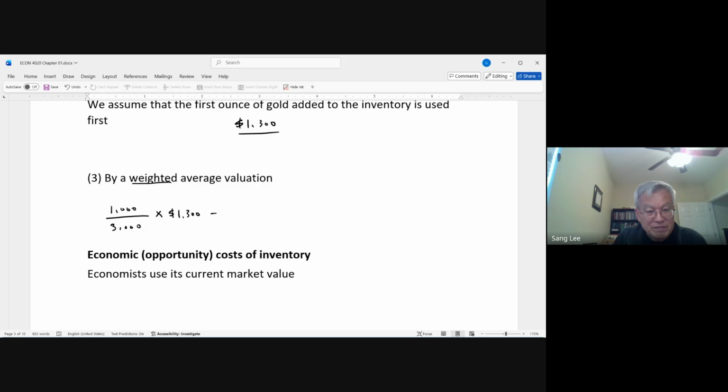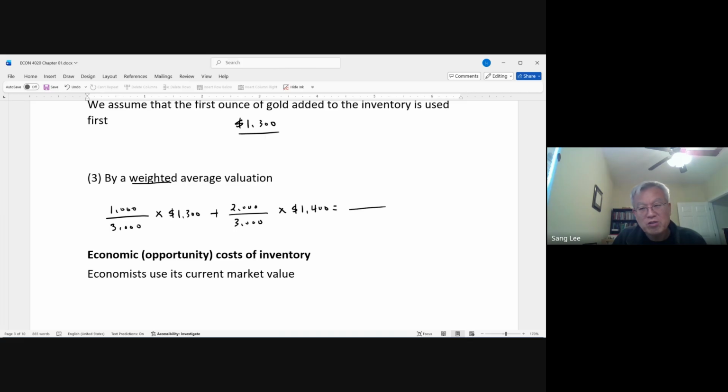And then out of 3,000 ounces of gold, we purchased 2,000 ounces later. And this time, we paid $1,400 per ounce.